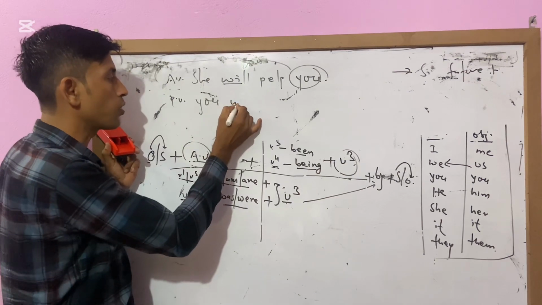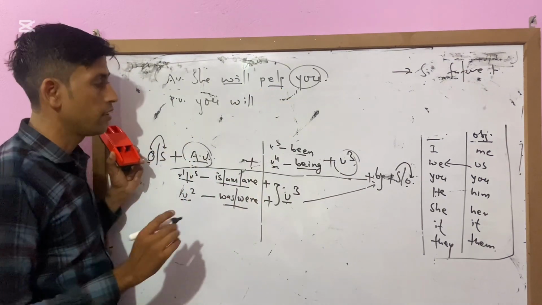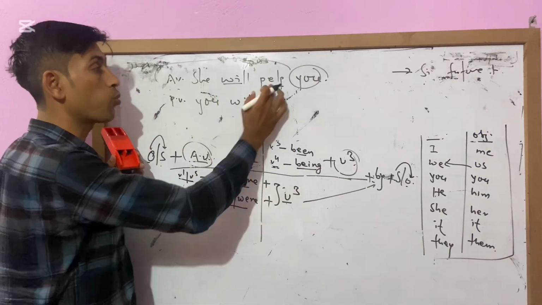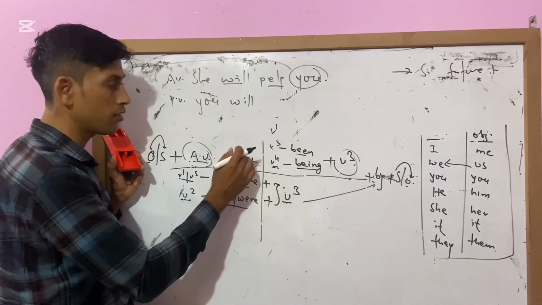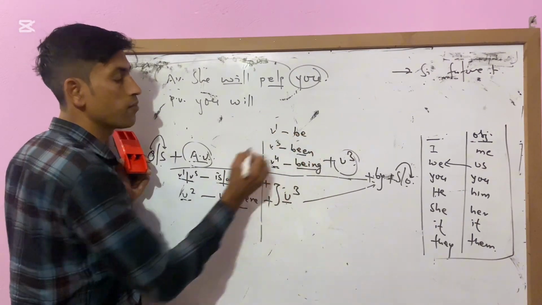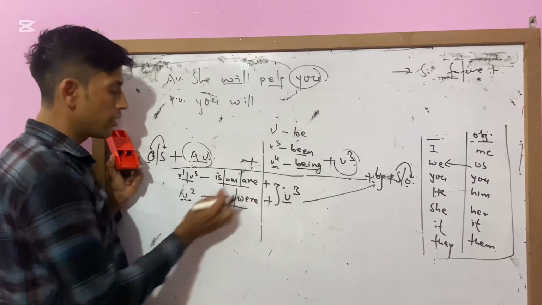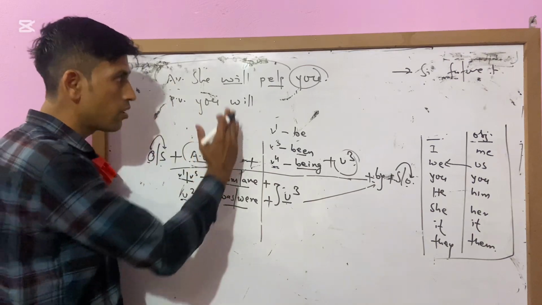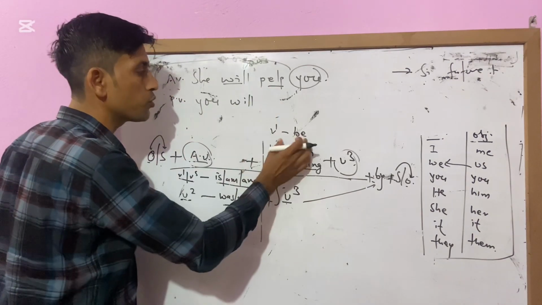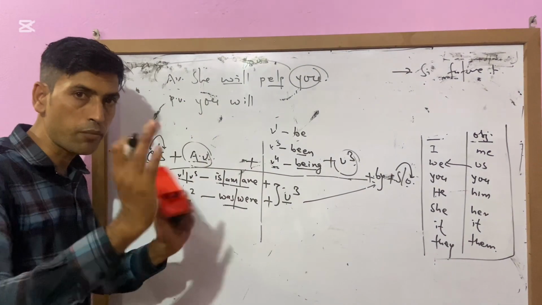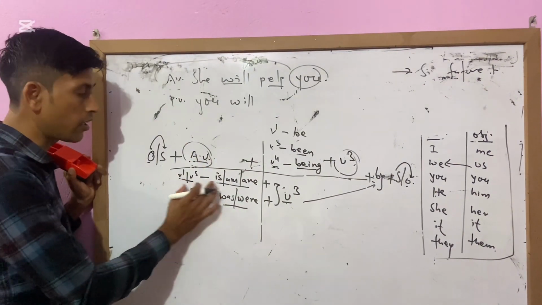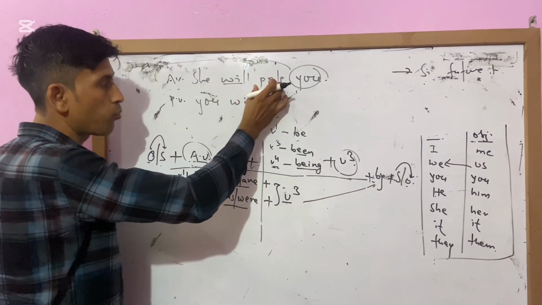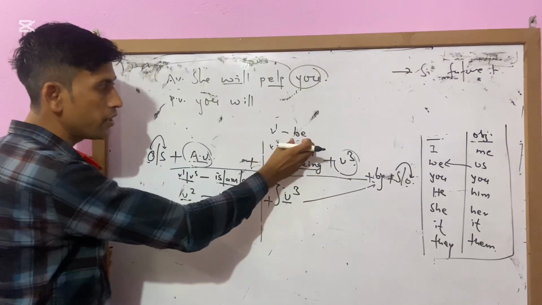You, we use will. Then verb 1 is given. One thing: after the auxiliary verb, if verb 3 is given we use being, if verb 4 is given we use being, and if verb 1 is given, then we use be. I forgot to tell you. Don't confuse one thing. After an auxiliary verb, if verb 1 is given, then we use be.